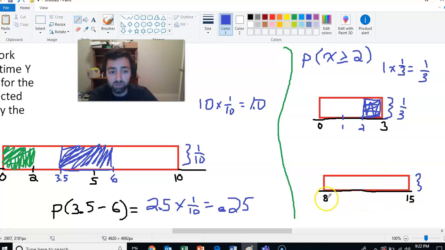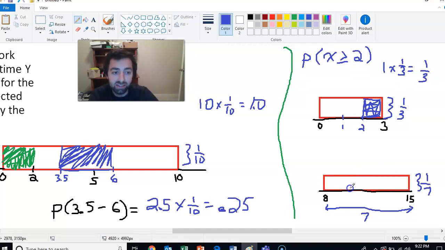What's the distance from 8 to 15? That distance is 7. So that means that our height has to be 1 over 7. When we multiply this length of 7 times our height of 1 over 7, it gives us 1.